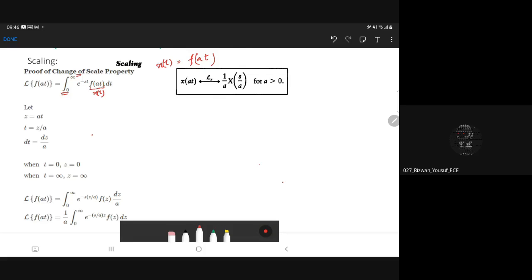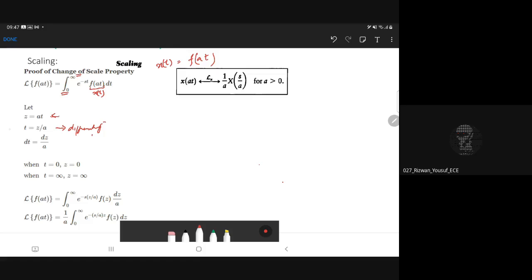In order to find the Laplace transform, let us first simplify it. We put z equal to at. In that case, t will be equal to z by a, and dt will be equal to dz by a, if you differentiate both sides. Now if t approaches 0, what will be the value of z?